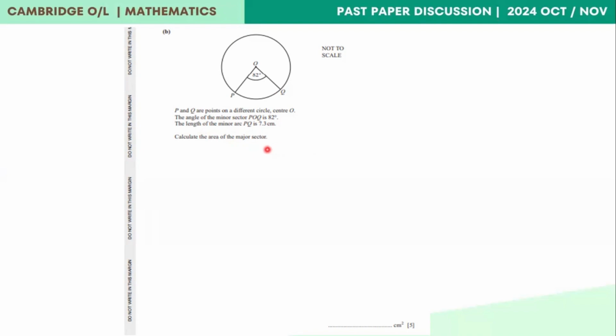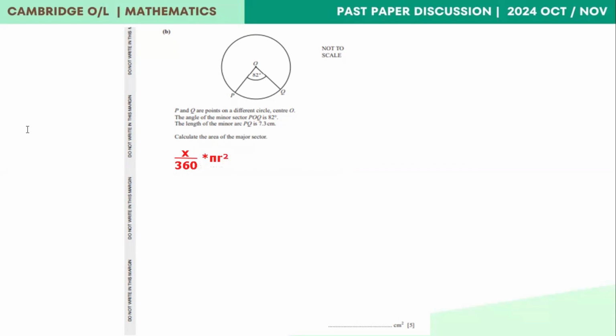So to find the area, we can use theta, or I should take it as x over 360 into pi r squared.